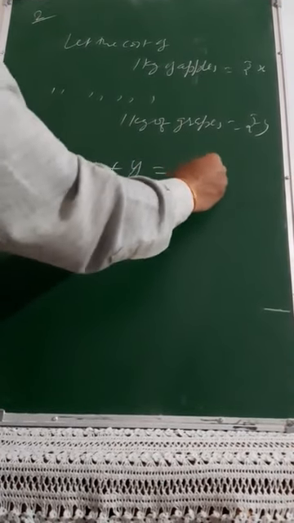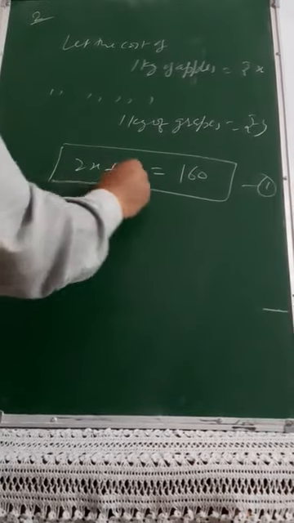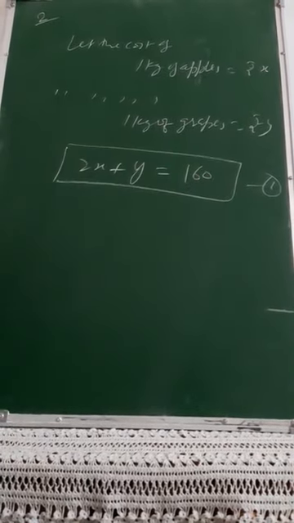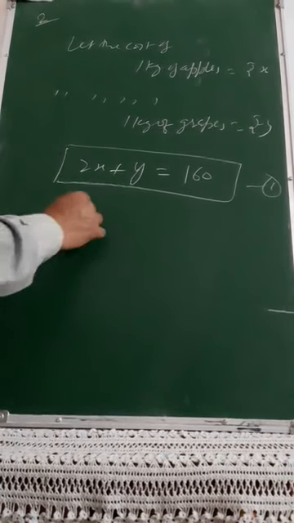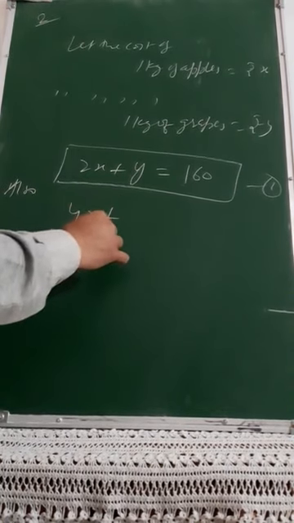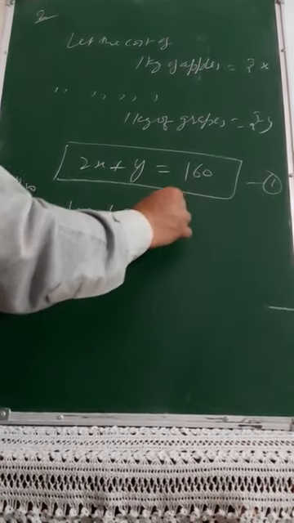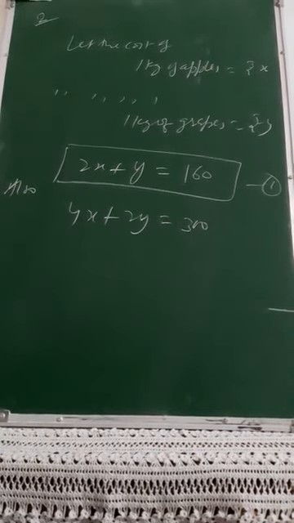and that is given equal to rupees 160, and this is the equation already lying in the standard form, ax plus by is equal to c. And second, after a month the cost of 4 kg of apples and 2 kg of grapes is 300. So the second condition is 4x plus 2y is equal to 300.